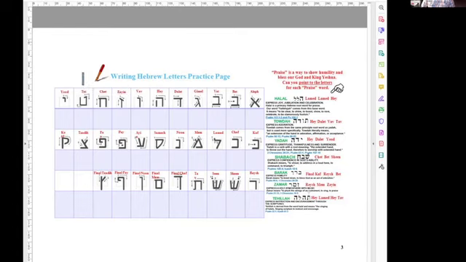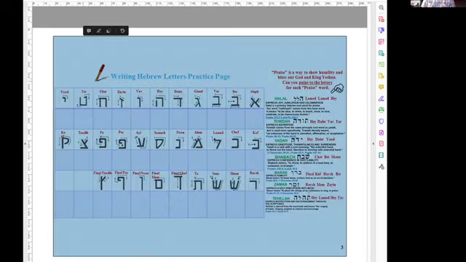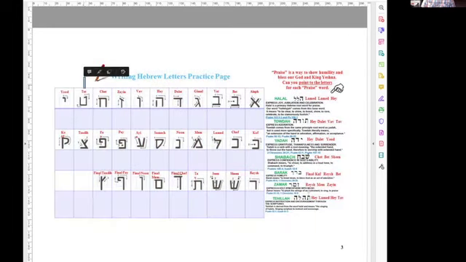You see the tet in your practice page. You see the tet written like this. So that's the way I write it.